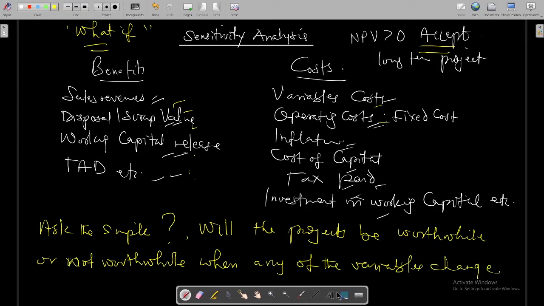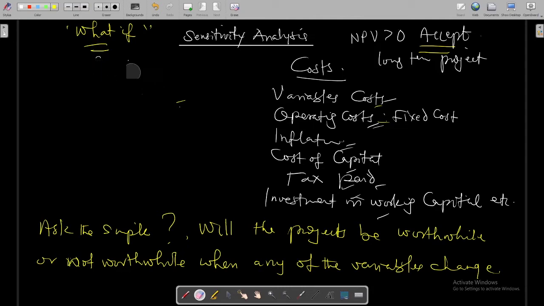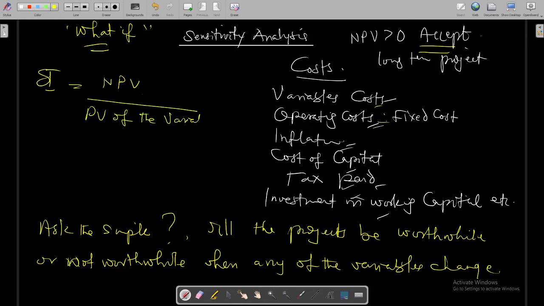So how do you undertake a sensitivity analysis? You use a simple approach. The sensitivity analysis is the NPV of the project divided by the present value of the variable under consideration.